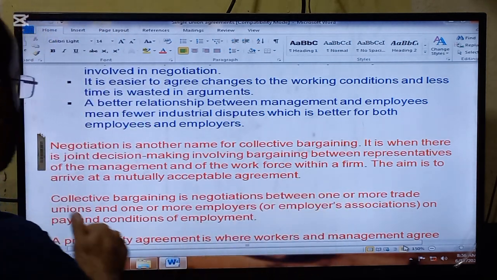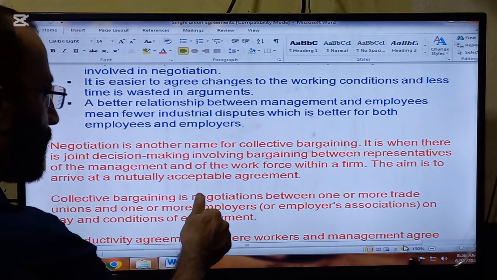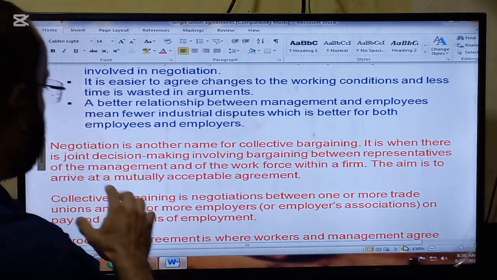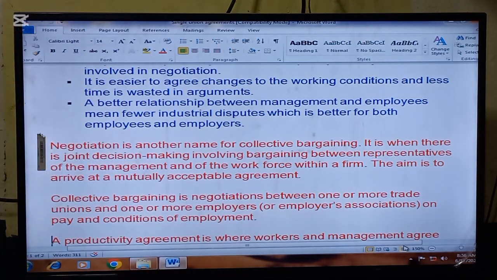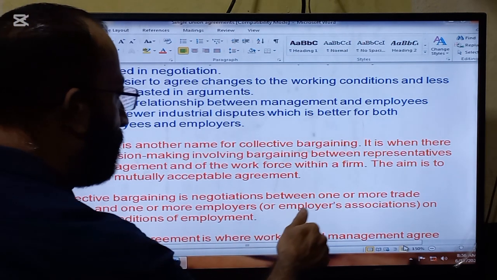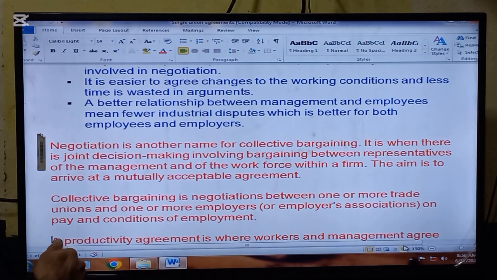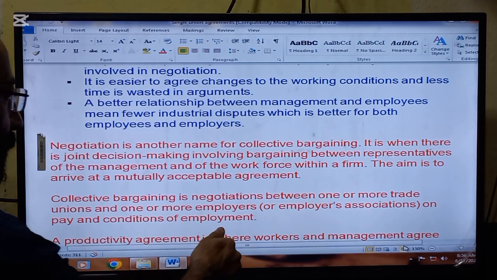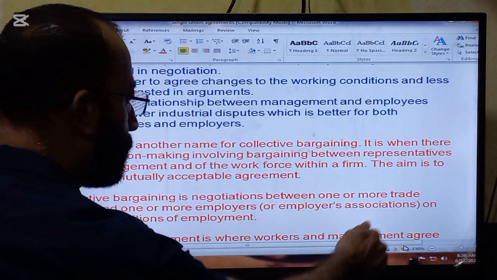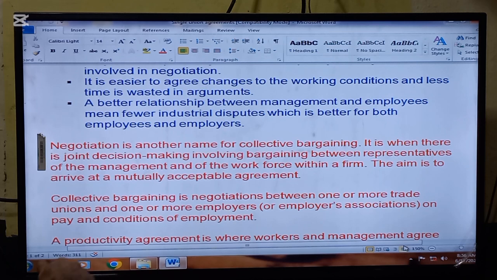The aim is to arrive at a mutually acceptable agreement. So this is called negotiation. Collective bargaining is negotiations between one or more trade unions and one or more employers or employers association on pay and conditions of employment.